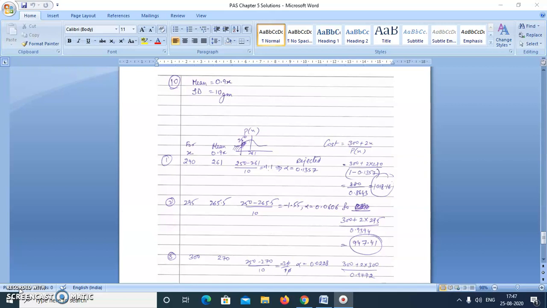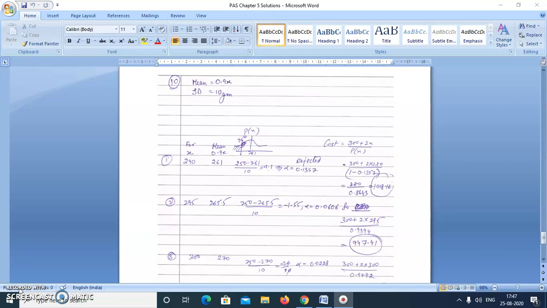So if we start from x is equal to 290, the rejection probability will be 0.1357, that is 13.57%. So acceptance will be 1 minus rejection. So cost will be borne by all the accepted articles. So we'll calculate the cost function like this here, and we get the value 1018.16.